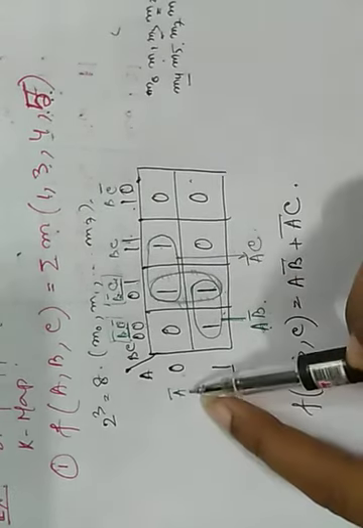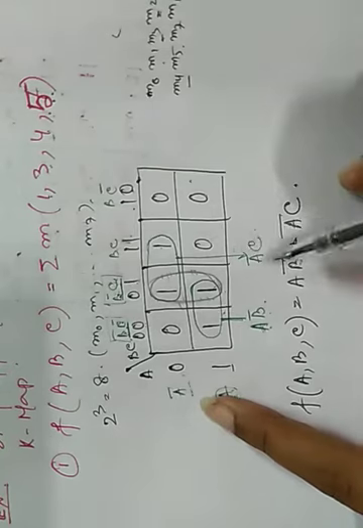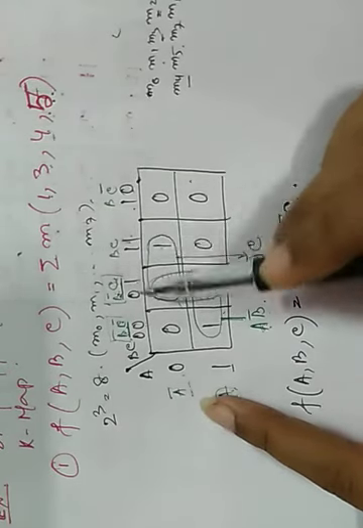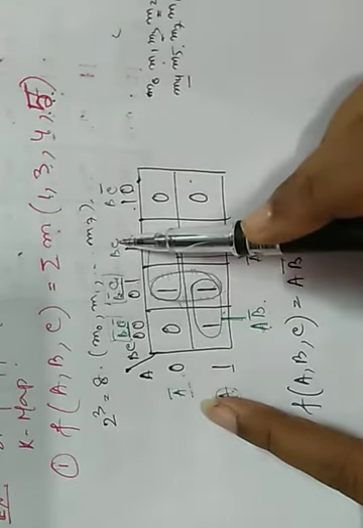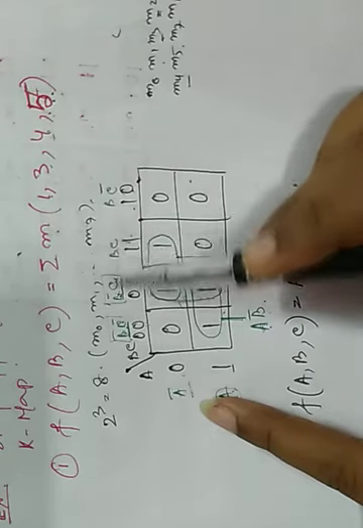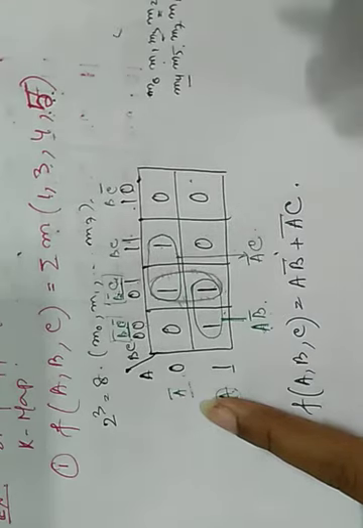For the horizontal value there is a single value, so it should be taken, and for the vertical columns, as there are two variables, we take the variable which is common in both columns.